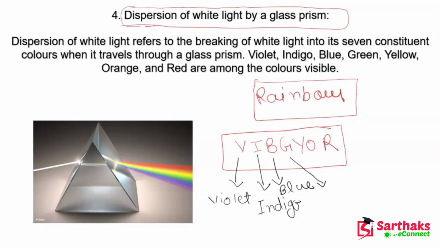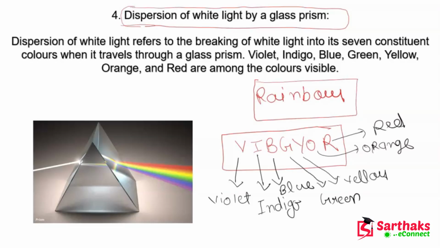This is for green, this is for yellow, this is for orange, and this is for red. So this is the sequence which we get when light passes through a prism.